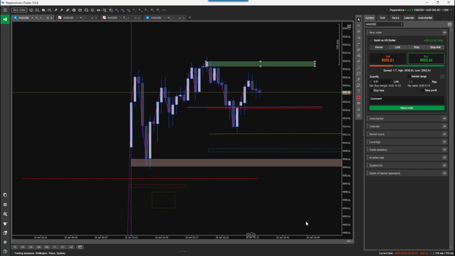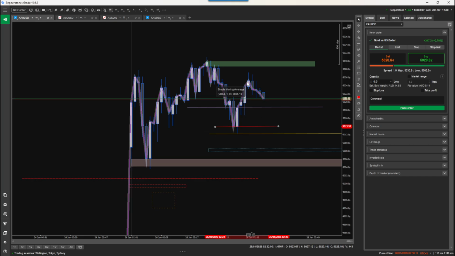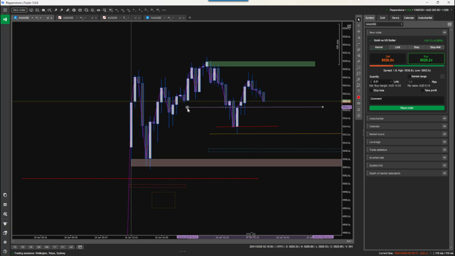So we're really looking for structure here, and that's a big one on there. We've got a higher high based off that one there.